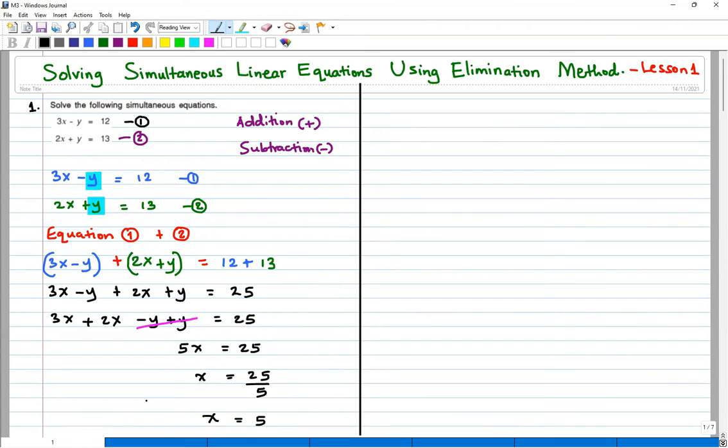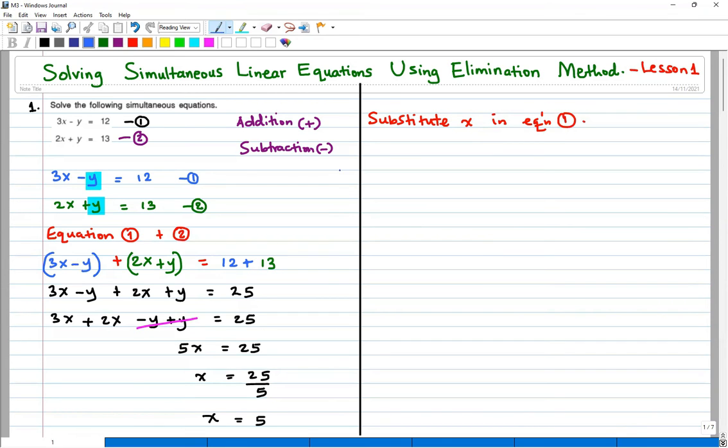Now, x is 5. Let us find y. To find y, you will substitute x in either equation 1 or equation 2, and you should be able to get the same answer. Let us use equation 1. So we are going to substitute x in equation 1.